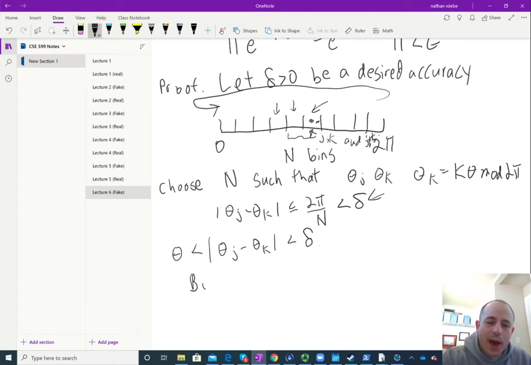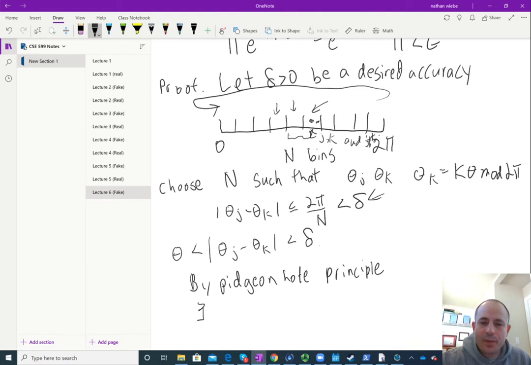So this is known as the pigeonhole principle. It says that there exists some bin such that theta_j and theta_k are both in the bin.